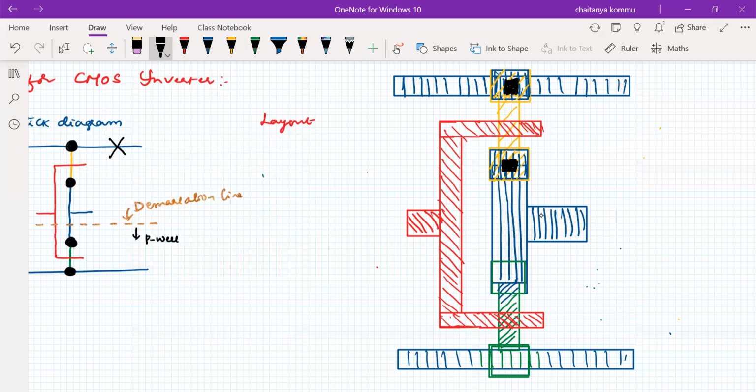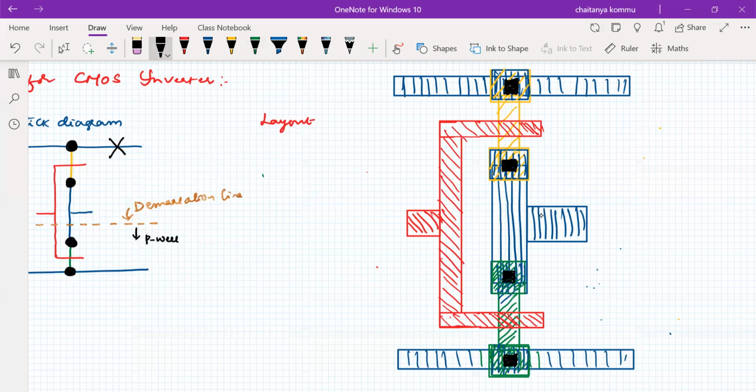On top of it, we have to provide all these things, right? Extend this one and a green diffusion as well. And put a metal contact there. So again, here also, it's a blue color, mixing of the blue color. Okay. And the green color. Put a metal contact there. That's all.